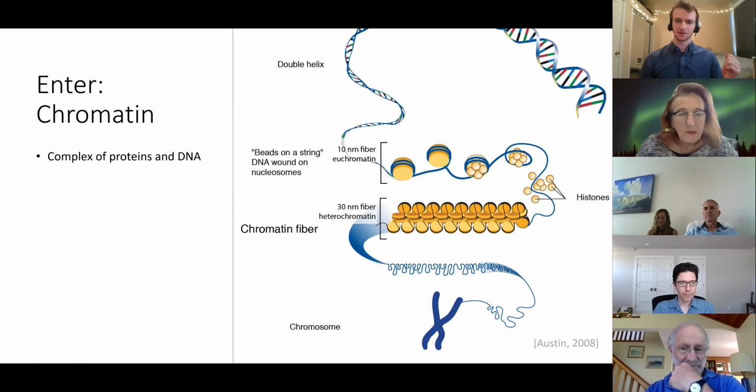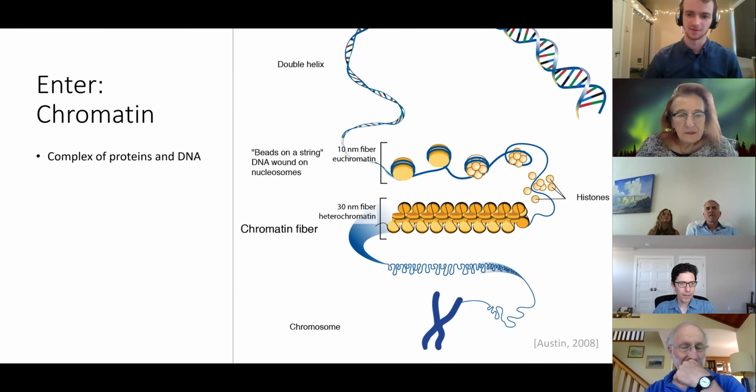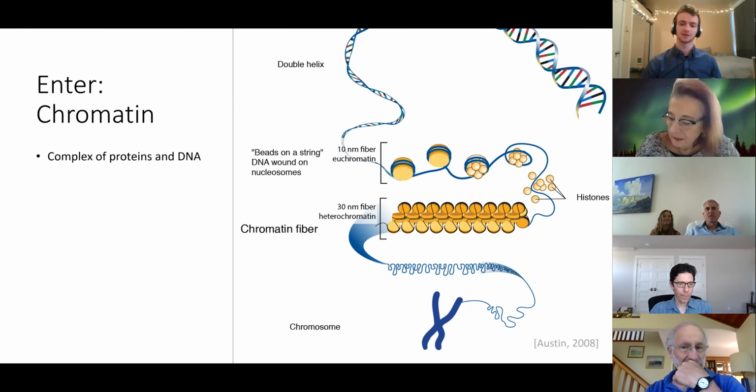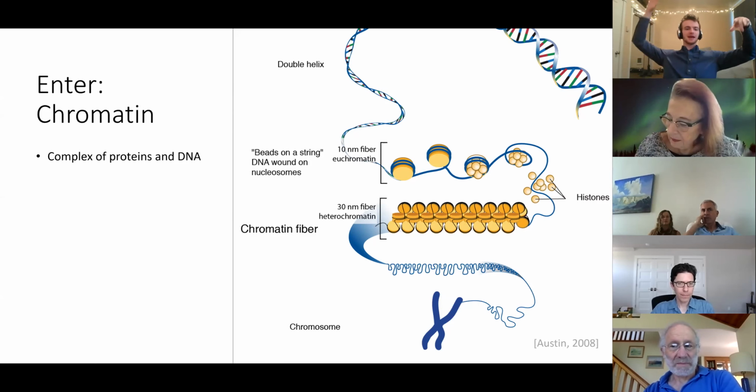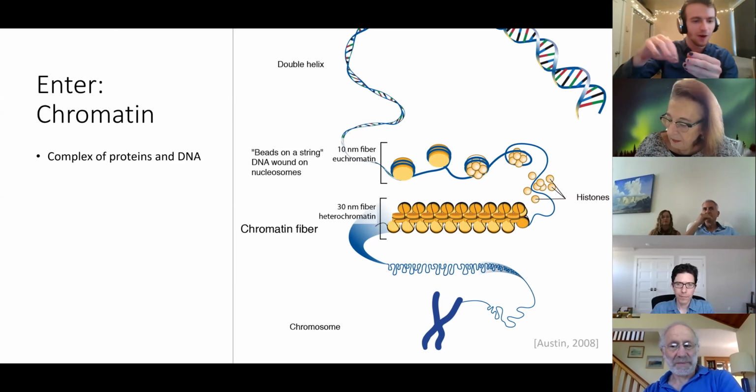The answer that our bodies have come up with, and many organisms, is the formation of chromatin. Broadly, chromatin is a way of packing and condensing DNA into manageable sizes. Similar to how when you sew, you don't have your string cascading about your body, you wind it on a spool.